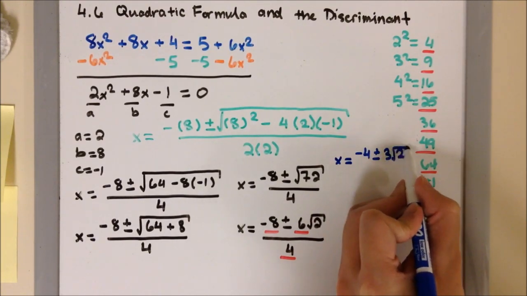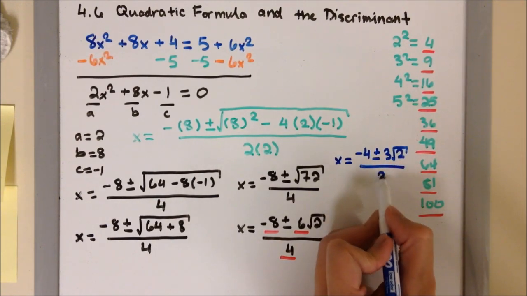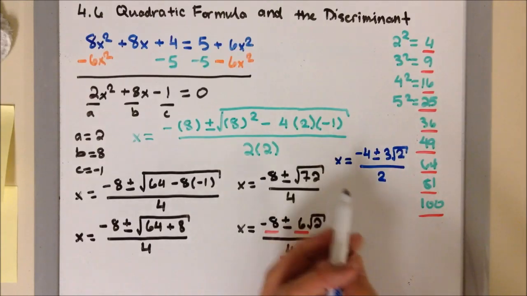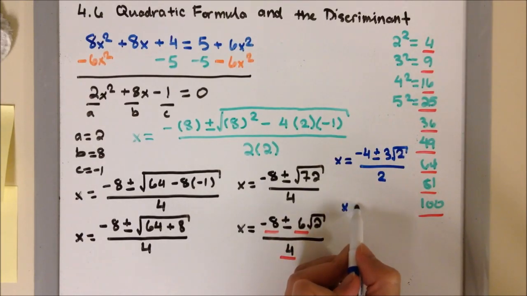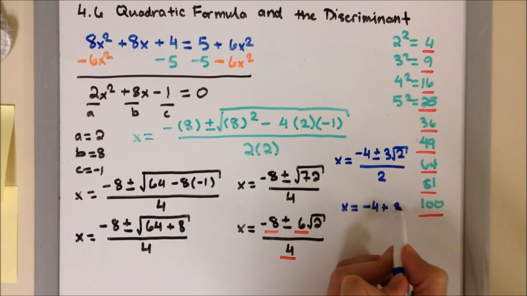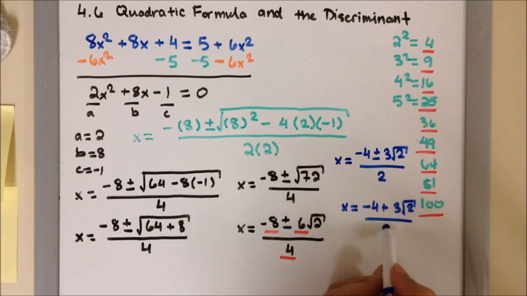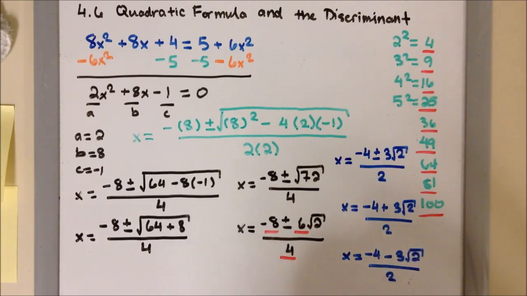Again, I did not mess with it. Over 4 divided by 2 is just 2. So, my 2 answers will be x equals negative 4 plus 3 square root of 2 over 2. And then x equals negative 4 minus 3 square root of 2 over 2.